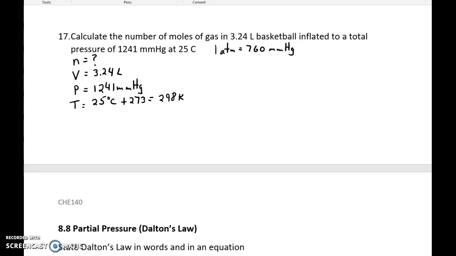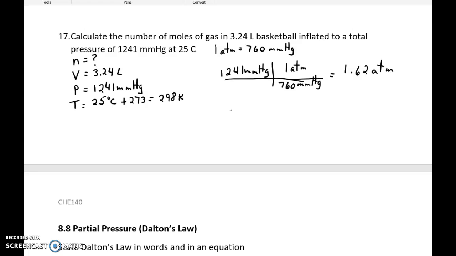So if we start with our 1,241 millimeters of mercury, and then we use this as our conversion factor, we want 760 millimeters of mercury to be on the bottom so that that'll cancel. I did not get that very straight. There we go. And we'll put our 1 atmosphere on the top. And we get our new pressure to be 1.62 atmospheres. Okay, so now we can proceed with our problem.